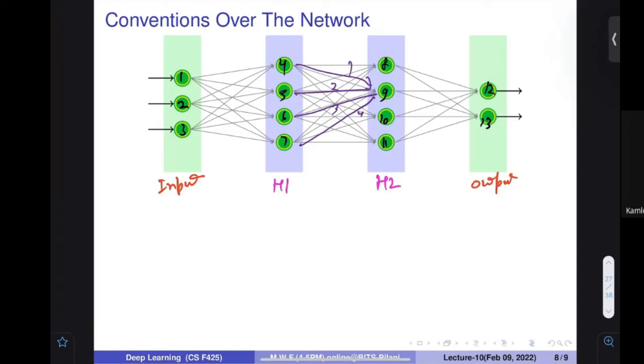There would be a weight associated, so I say W91, W92, W93, W94. Everybody can see this? Do you understand? Yes, sir. So can you tell me what this particular weight is? W62. Correct.